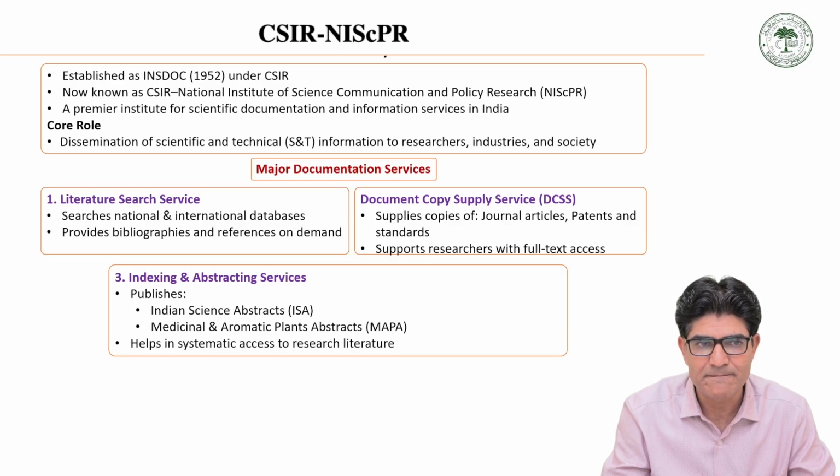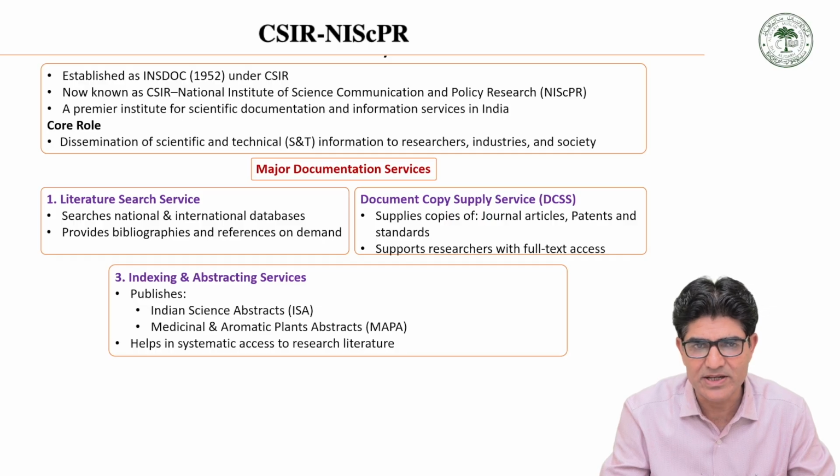The first one is National Institute of Science, Communication and Policy Research, and this was established in the year 1952, and the name at that time was Indian National Science Documentation Center under the Council of Scientific and Industrial Research. This is the premier institute for scientific documentation and information services in India, and the major role is the dissemination of scientific and technical information to researchers, industries, and society.